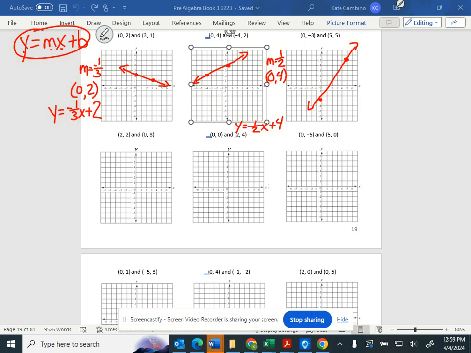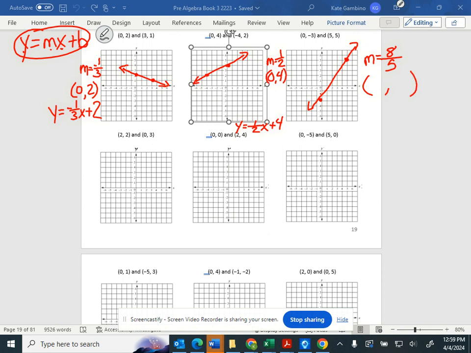What is my m? Fiona? 8/5. We go up 8 and over 5. What is my y-intercept?